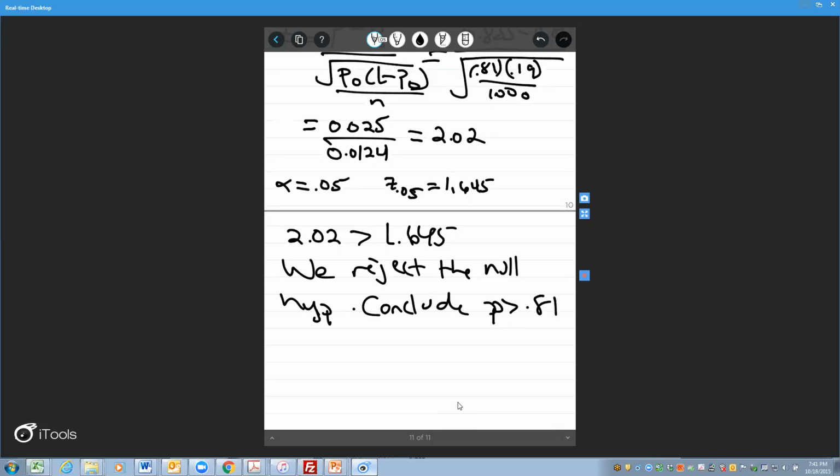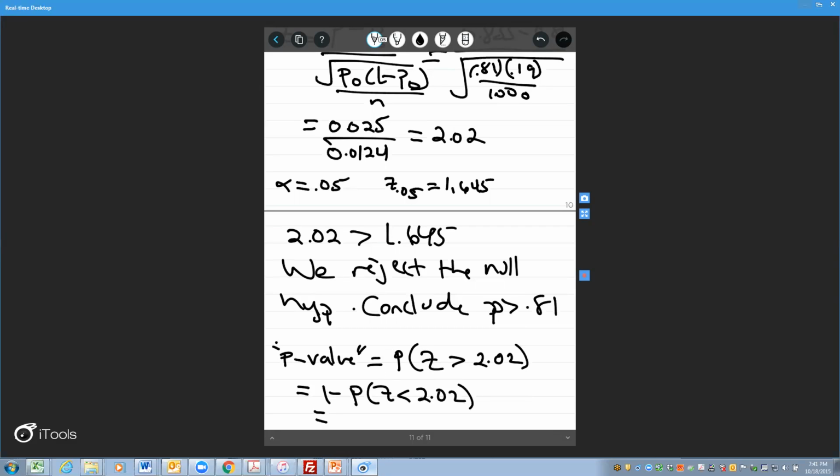And again, don't get confused between P used for proportion and P for p-value. In the hypothesis aspect of it, we're saying that the proportion is greater than 0.81. If I want the p-value, that's the probability that z is bigger than 2.02, which is 1 minus the probability that z is less than 2.02.